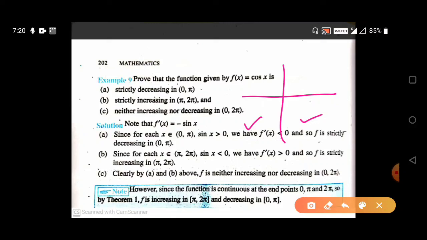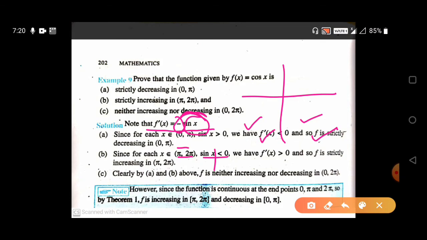f(x) is cos x and f'(x) is −sin x. Now if we consider this quadrant, then in the third quadrant sin x is negative. Whenever sin x is negative, with this negative sign these two will become as a whole positive.